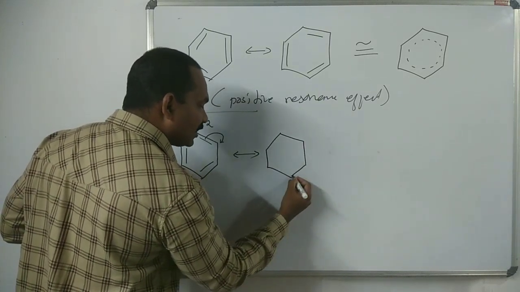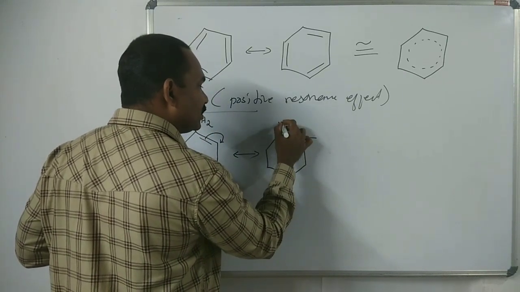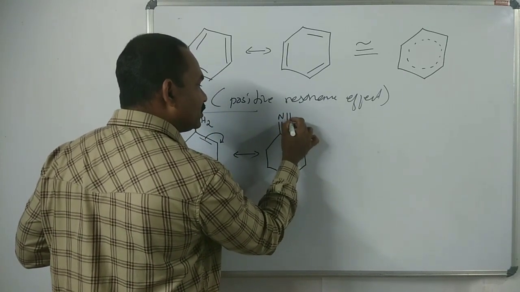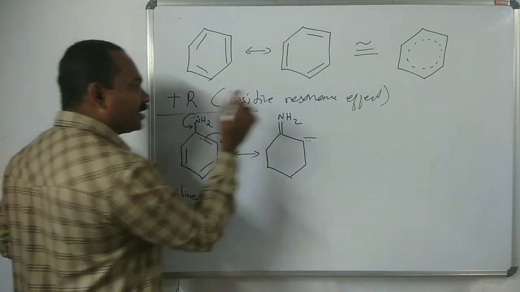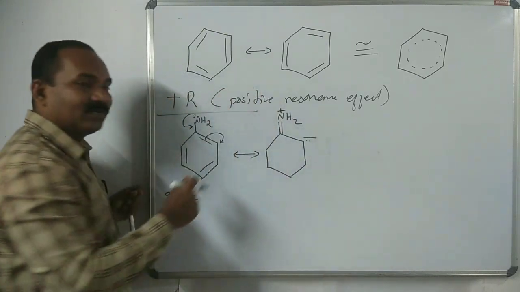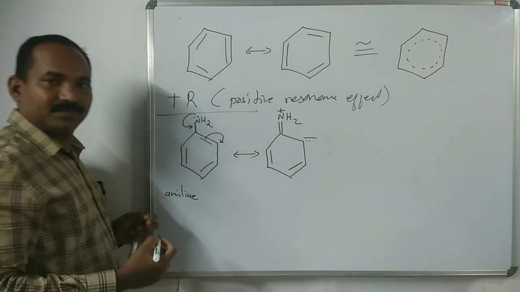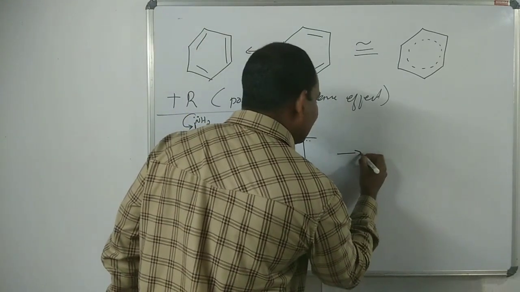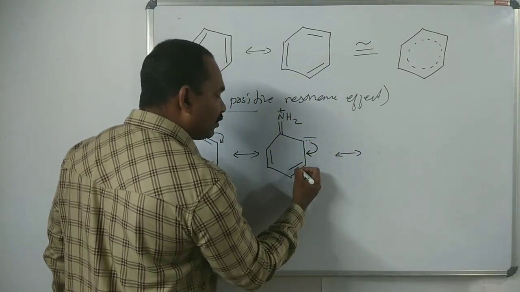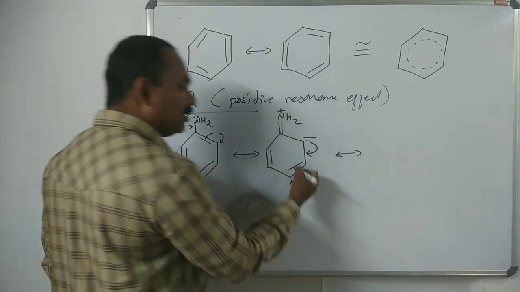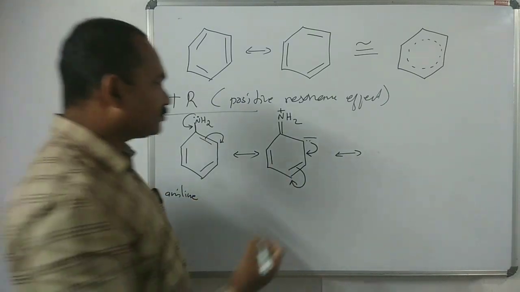In the next canonical structure, this carbon has a negative charge and a double bond is created. The electron is donated by nitrogen, that's why nitrogen has a positive charge. Then the two other bonds are here.